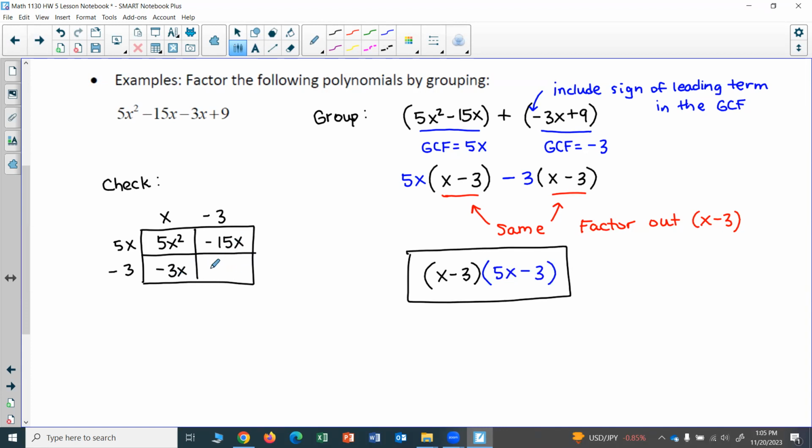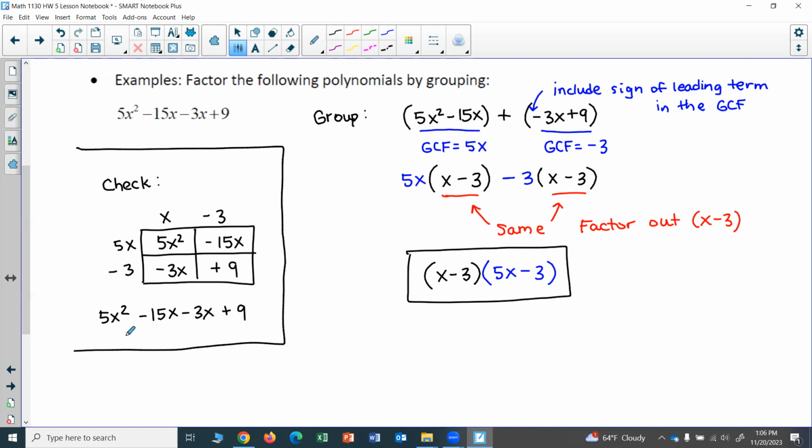And in the last lower right box, I get negative 3 times negative 3, which is plus 9. And if I write that out, that's 5x squared minus 15x minus 3x plus 9. And I just check, is that the same as my original? It is, and so I know that my factored form of x minus 3 times 5x minus 3 is the correct answer. So that's what I would enter for factoring by grouping.